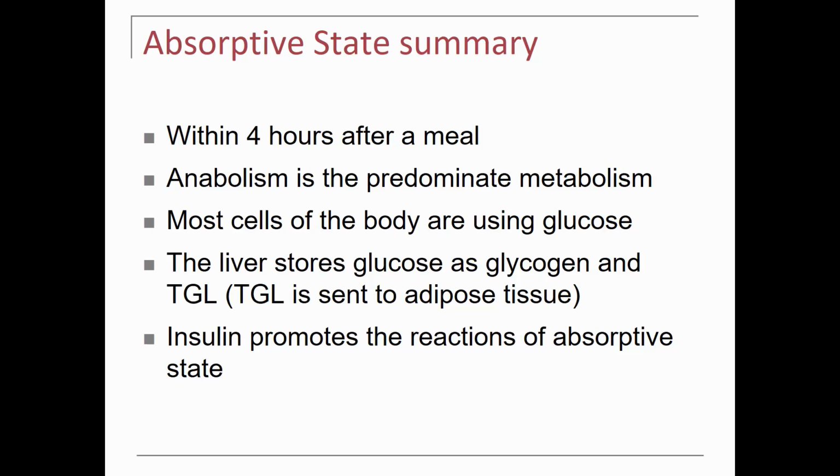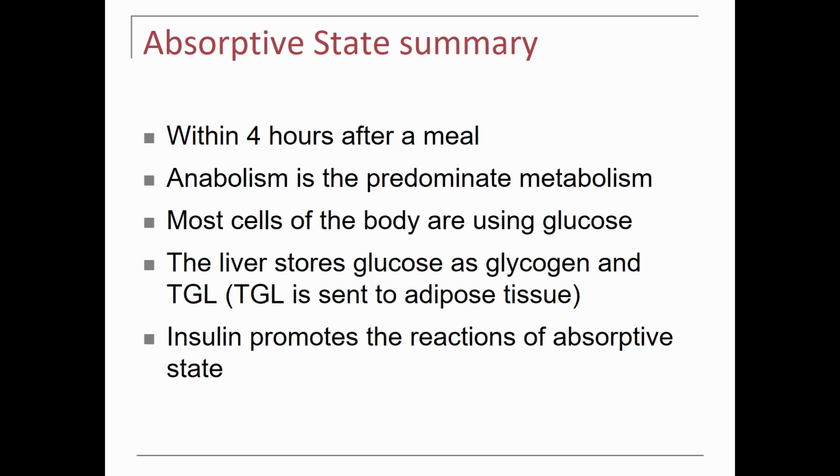So in general, the absorptive state is when you've had a meal and those about 4 hours after. The predominant kind of metabolism is a process called anabolism. Anabolism basically is building reactions. You take fatty acid and glycerol and you put them together to form a more complicated molecule called a triglyceride.